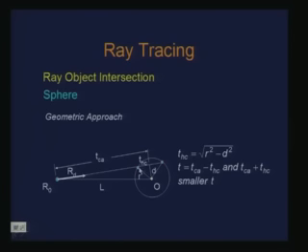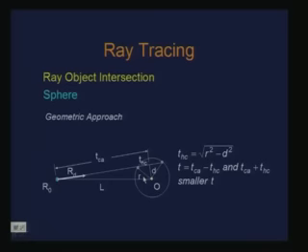t_hc is nothing but the square root of r square minus d square, from this triangle. So, the t's of interest are t_ca minus t_hc and t_ca plus t_hc. These are the two t's, t0 and t1, and then you take the smaller t.